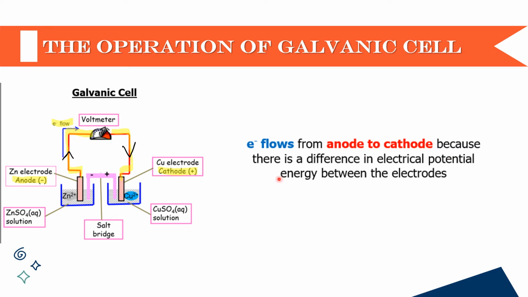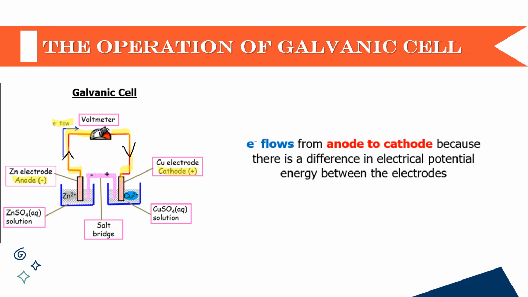This is because there is a difference in electrical potential energy between the electrodes. What does it mean? The electrodes have different electrical potential energy. Remember when I talked about the SRP table: the value that we get from the SRP table is the electrical potential, and each half cell over here will have different electrical potential energy.